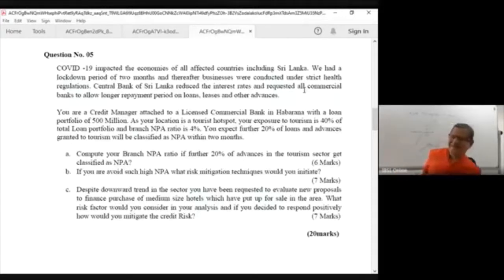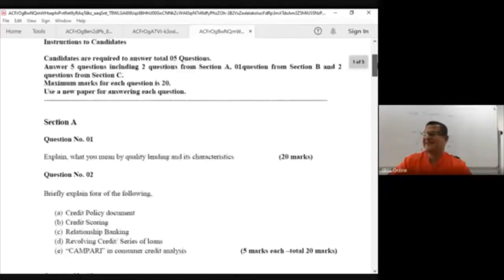And then you can use the credit management process, to do the evaluations right, the origination right, the monitoring right, to avoid further NPA. So we have covered one question, which is a very recent one.